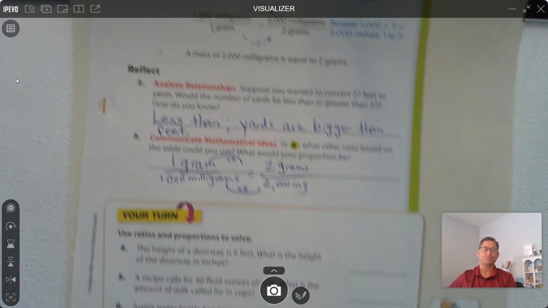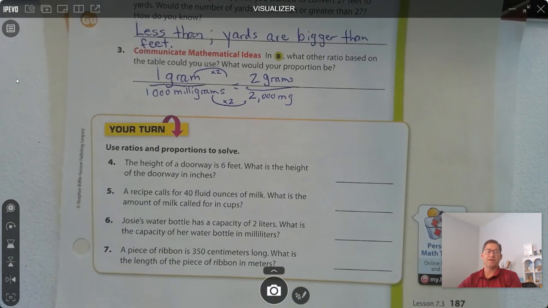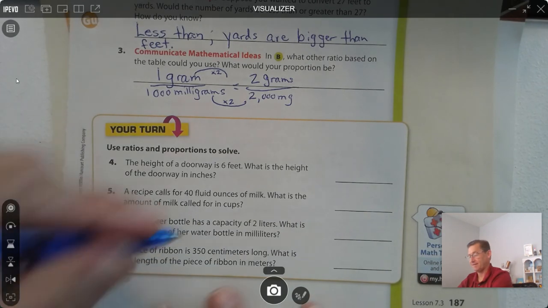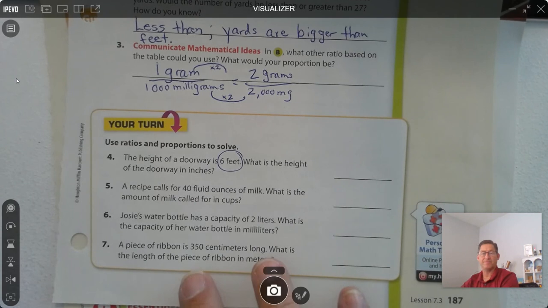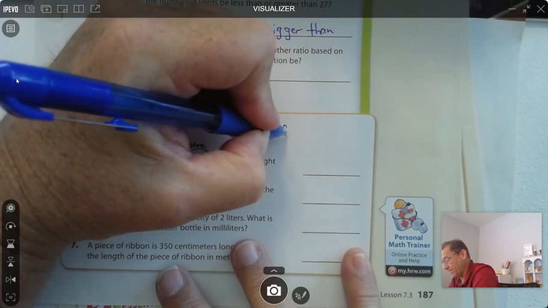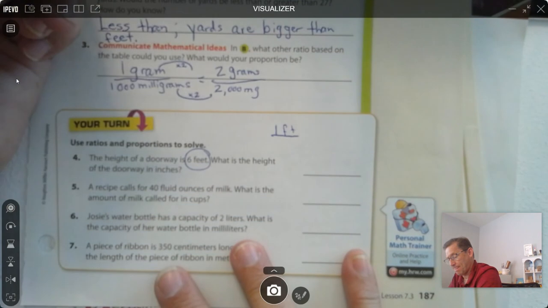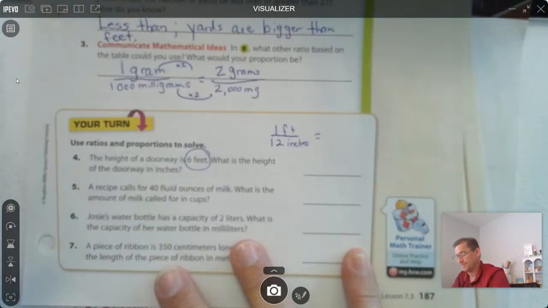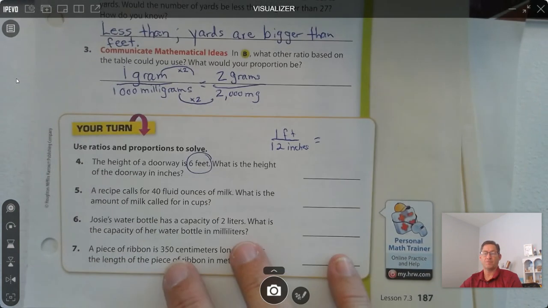Okay. All right, number 4, use the ratios and proportions to solve. The height of a doorway is 6 feet. What is the height of the doorway in inches? All right, so we know that 1 foot is the same as 12 inches, right?